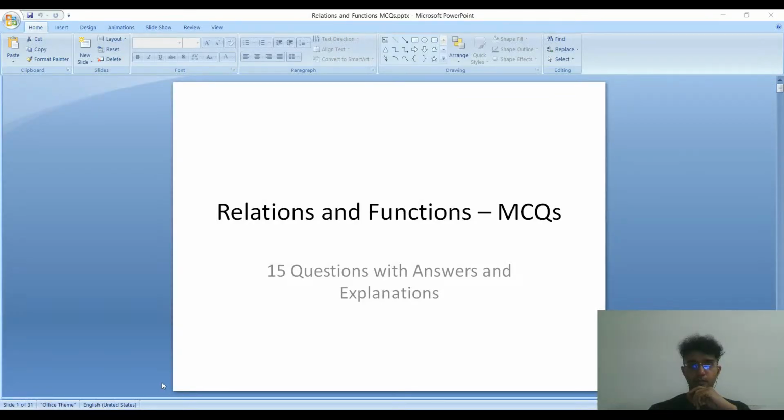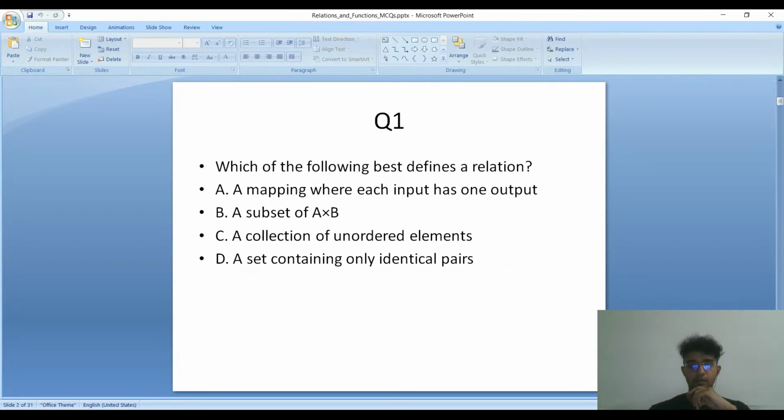So here we go. First question. Which of the following best defines the relation?